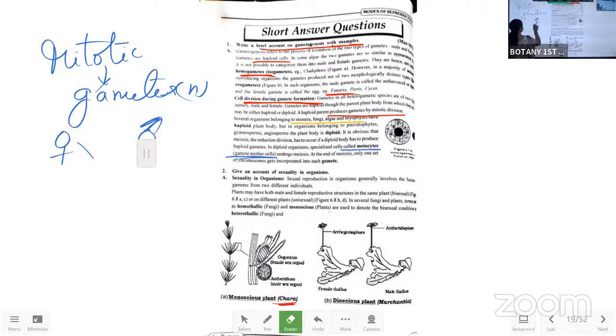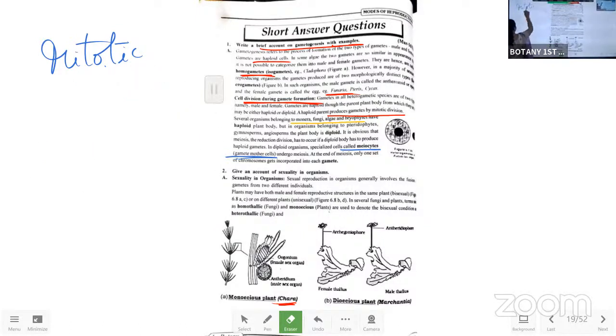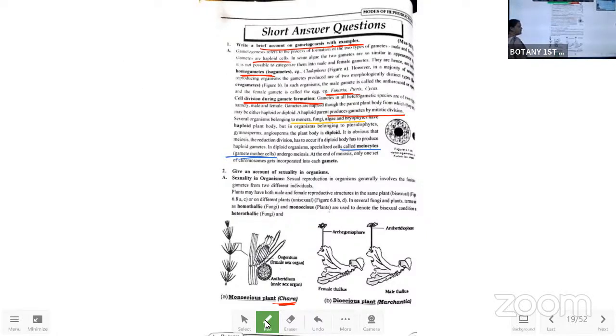So what we have to write in this gametogenesis? Gametogenesis means when the gametes are formed from the plant body by the reduction division. Through this gametogenesis, male and female gametes are formed, and in some organisms, the male gametes and the female gametes look alike.